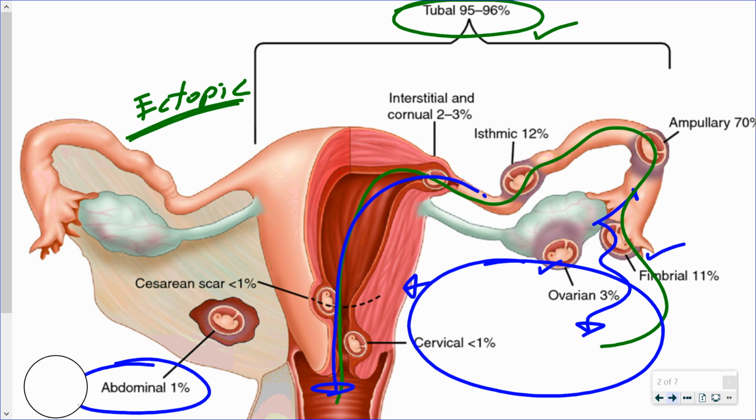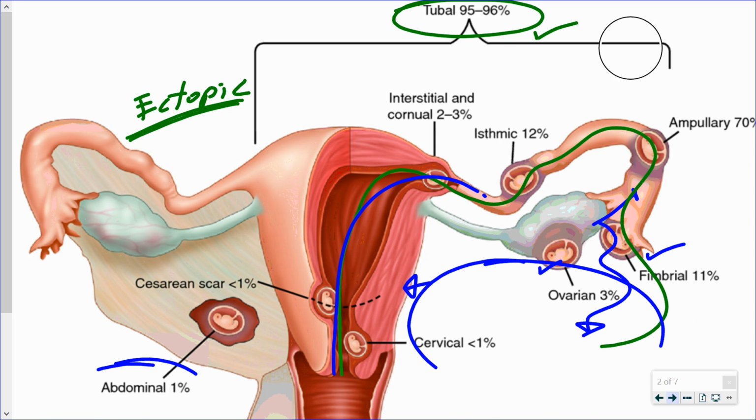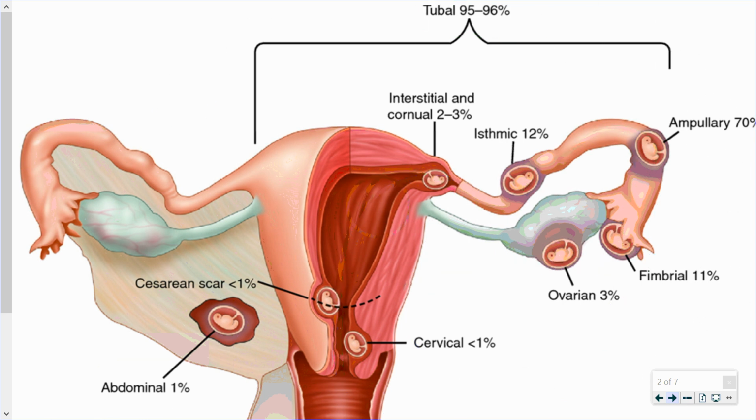There's one other one that they do show on this picture here as well, and that is in the uterus, but it's right at the bottom, right at the cervix. So this is called a cervical ectopic pregnancy, and this can create some problems as well during the delivery process. We will talk later about the placenta, and that the placenta is the connection between the baby and the mother.